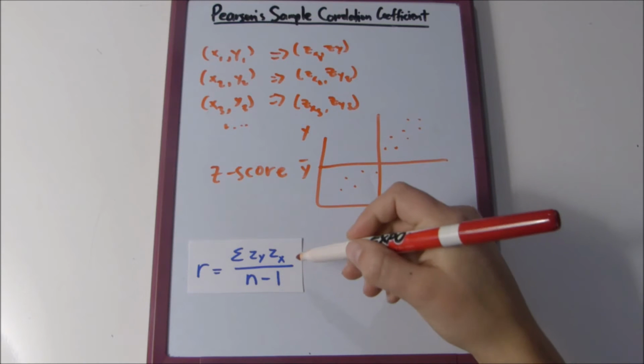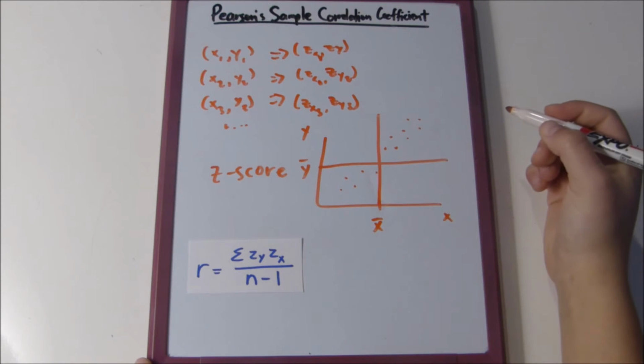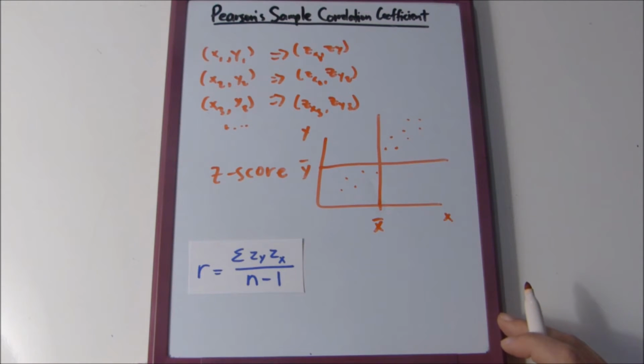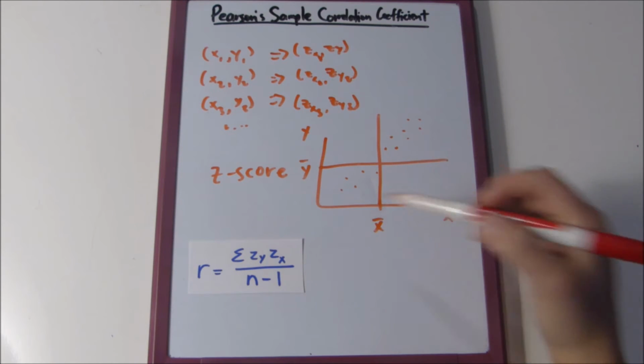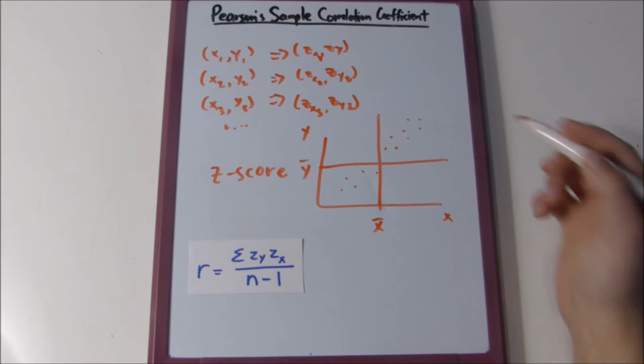So if we focus on this upper half of the equation, and then we look at our plot here, we can figure out what the correlation coefficient is going to be pretty quickly. So we know that the z-score is the number of standard deviations that a number is away from the mean of a sample, right?